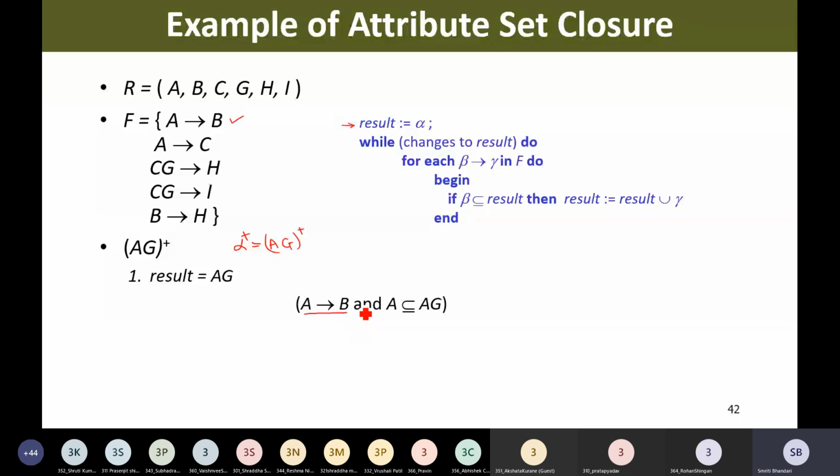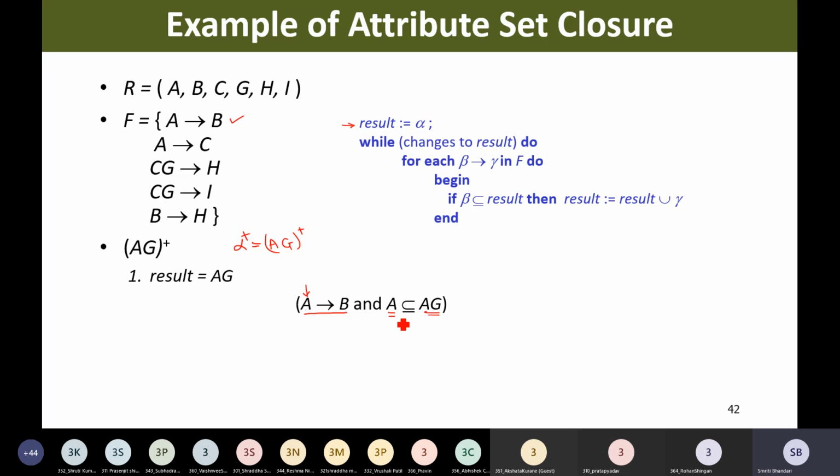Let us pick the first functional dependency, A to B. Now let us find out whether this left hand side is a subset of my result. Result is AG. So is A a subset of AG?